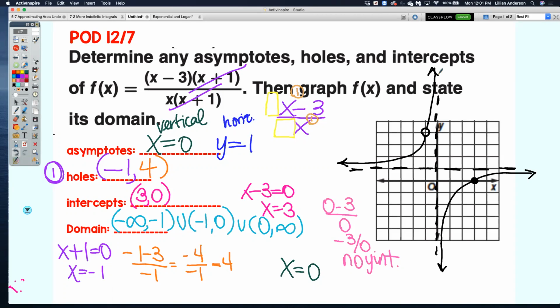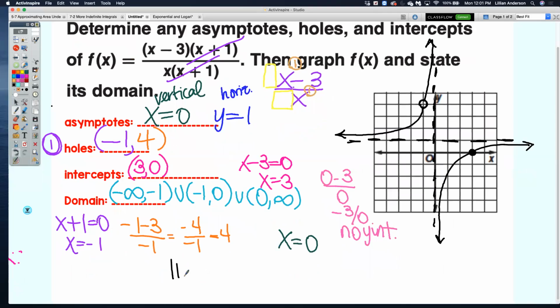Horizontal asymptotes tell you about your end behavior of a rational function. Y'all remember hearing me talk about that in the video? Yes, ma'am. Okay, so for this particular problem, what would be my end behavior?